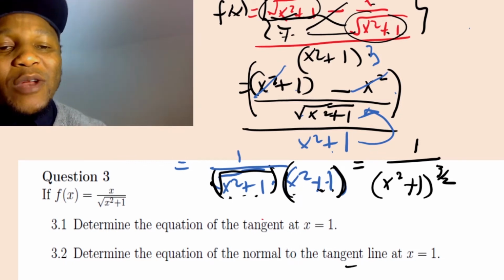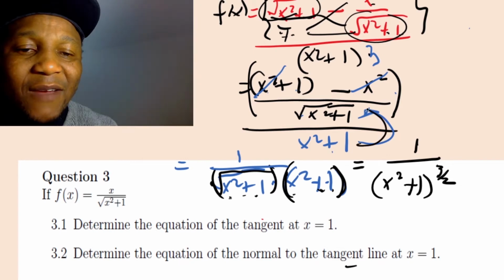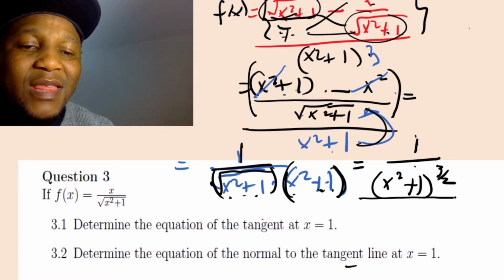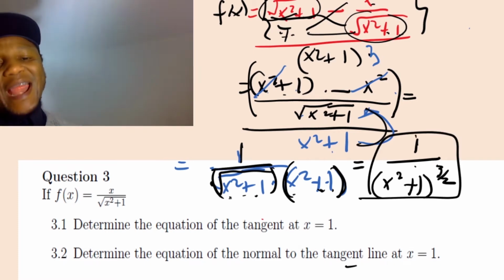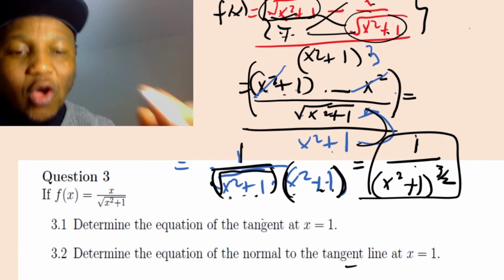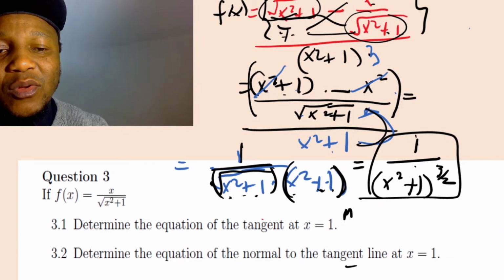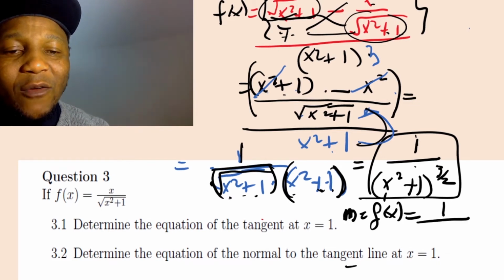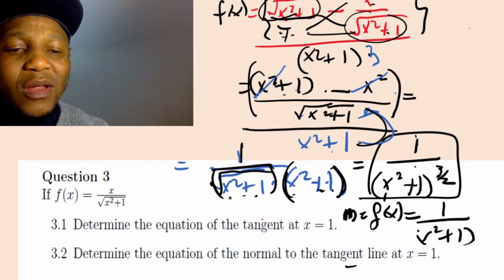So then this comes here and becomes 1 over that. So this is f prime, which is the slope. So our slope m, or f prime, equals 1 over x squared plus 1 power 3 over 2.